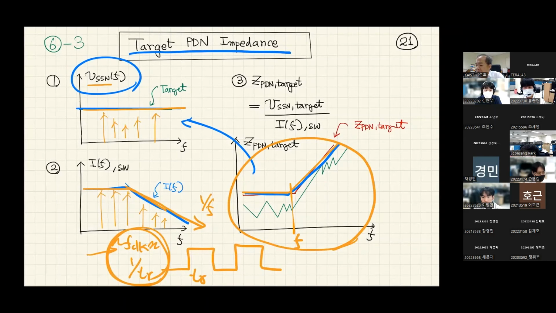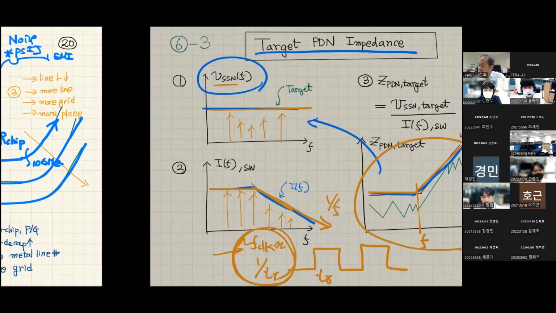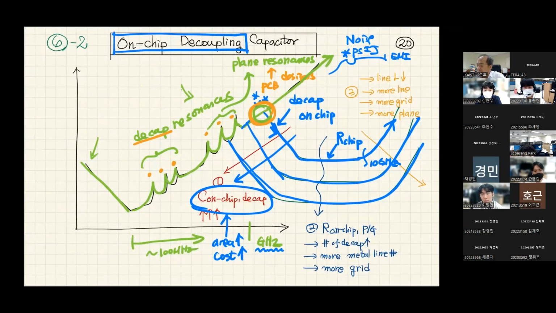This was the conventional target PDN impedance design, and to meet this requirement, you can design these green lines. That is the typical PCB or package level design of on-chip PDN.